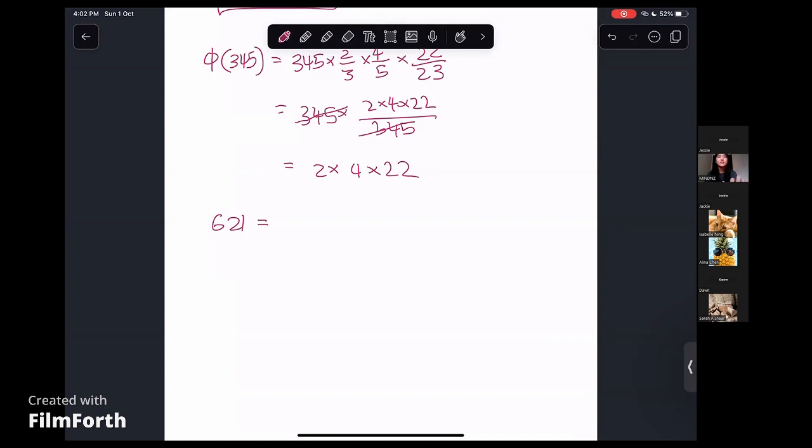So what's the prime factorization of 621?